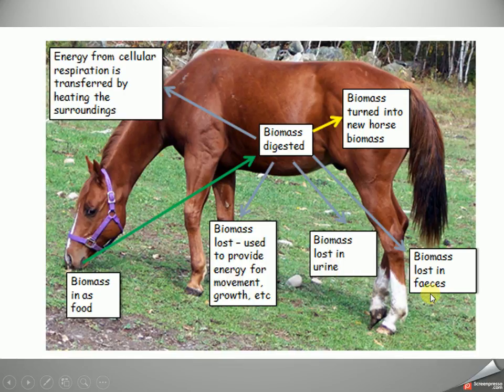Some of it is lost in feces, and not all parts of the organism are going to get eaten. So that's another way in how energy is lost. There are many different ways, and you have to know them. So movement, that's respiration. There is loss through feces and urine. And not all parts of the organism being eaten. That's essentially how energy is lost.